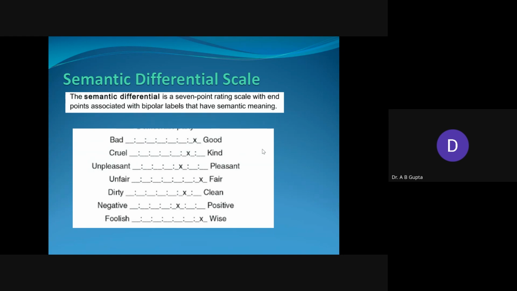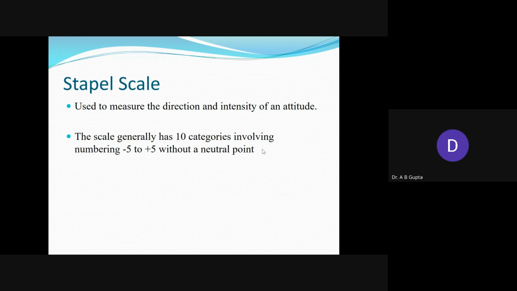In Likert scale, we were using statements. In semantic differential, we are using bipolar adjectives. Okay, and then my friends, I come to the last scale, the Stapel scale. It is used to measure the direction and intensity of an attitude.